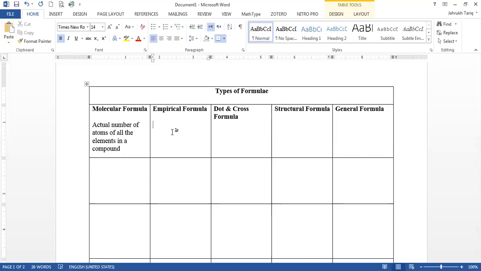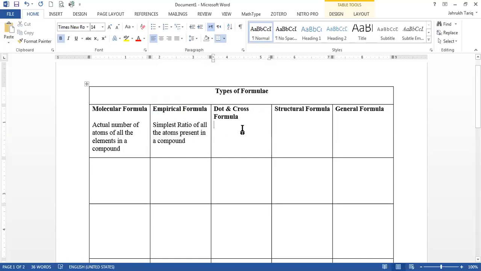Of atoms present. Very good. Simplest ratio of all the atoms present in the compound, right? Very good. If someone doesn't understand this definition of empirical formula, let me know.